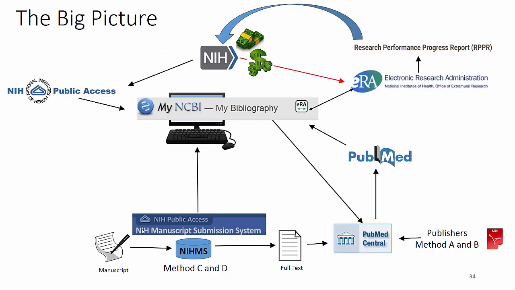And this is just to kind of give you the big picture of what's happening. So we'll start at the bottom. We've talked about the NIH Public Access Manuscript Submission System. So over on, I guess it depends on how you're looking at it, but over on my left, manuscript is submitted through either method C or D, gets converted to full text and put into PubMed Central.